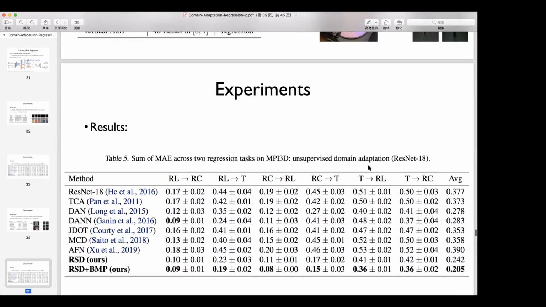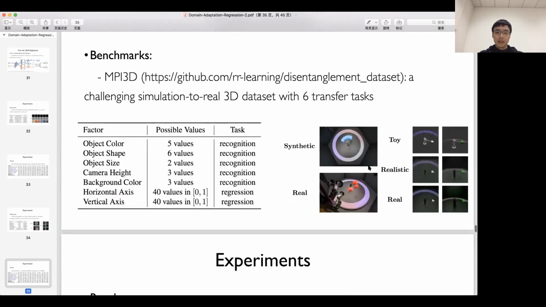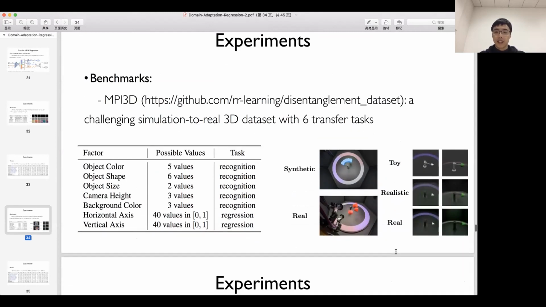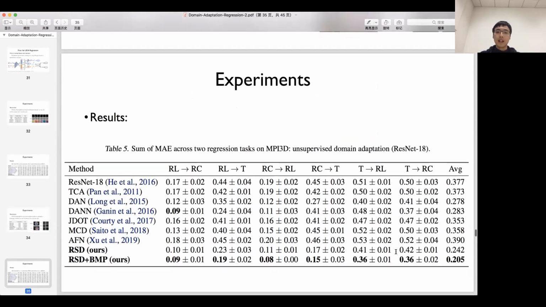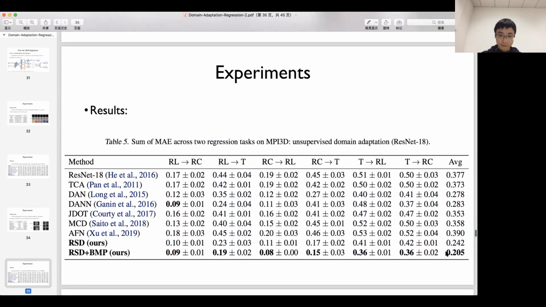We just use these 3 domains and conduct 6 transfer tasks, for example from toy to realistic and from realistic to real. Our result is the average of these 6 transfer tasks. We can also find that DANN and similar methods work well for this dataset, and our method outperforms them.